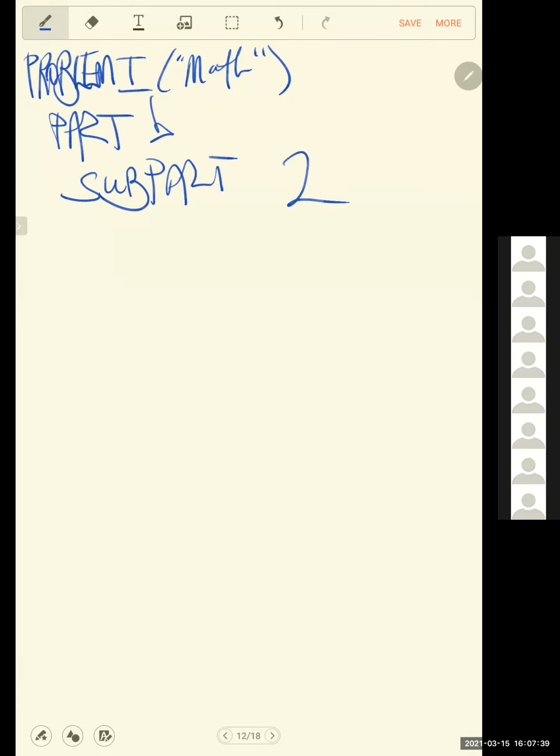And it says, if not, why not? But if so, and I'm saying so, determine its period expressed in terms of given constants.